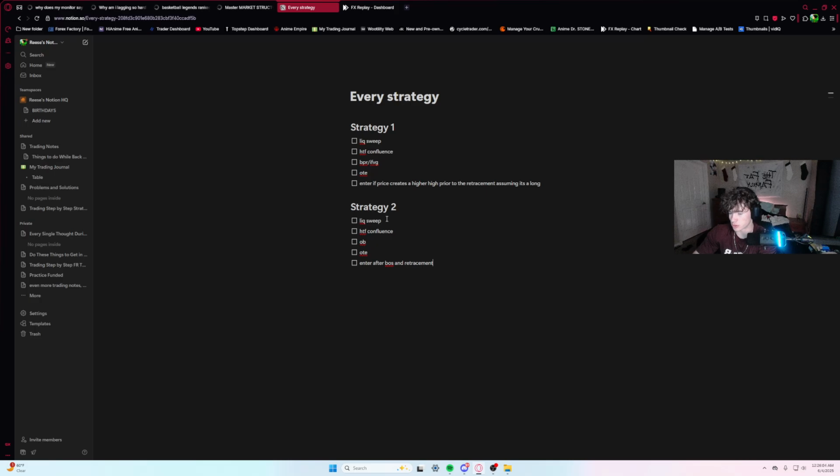Enter after break of structure and retracement. Figure out if this is the best way to trade this strategy. If not, trade the first retracement. Cool. Let's move on to strategy 3.